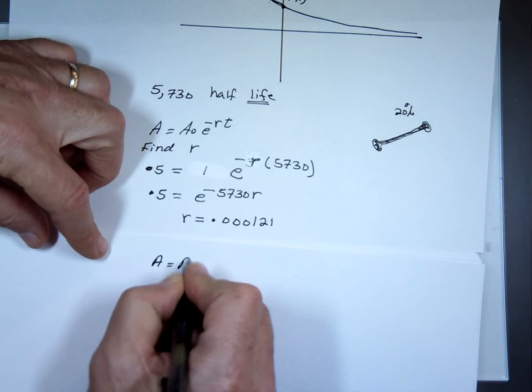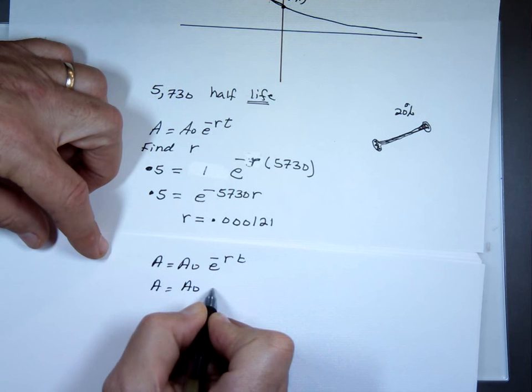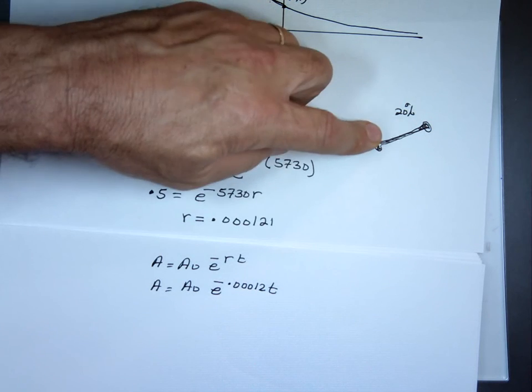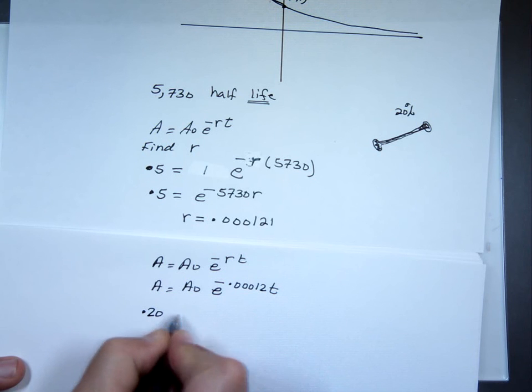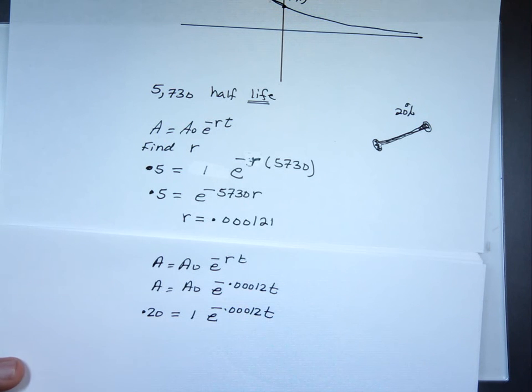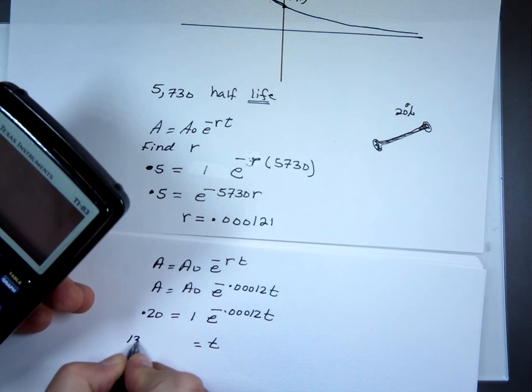I go back to this equation, where R now is negative 0.00012 T. So that piece of bone that we have has 20% carbon, 0.20 equals 1 e to the power of negative 0.00012 T. Again, you don't know how to solve this yet, but the answer to that will be, how about 13,304.6 years?